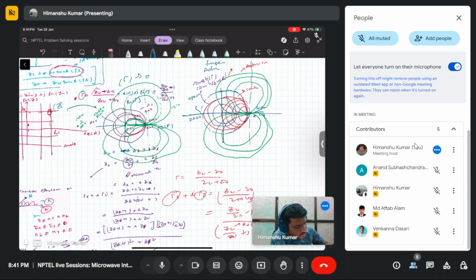So one corresponds to the imaginary part, and the other corresponds to the real part. These are constant circles, and the center varies along this line as you vary the reflection coefficient or you vary the load. So this is the funda of the Smith chart. Is that understanding clear, or is there any doubt?